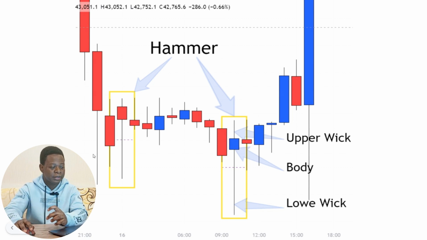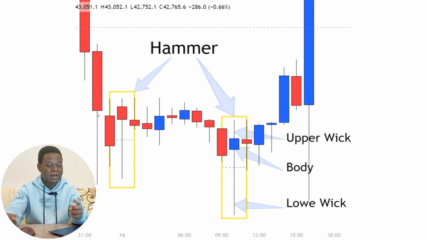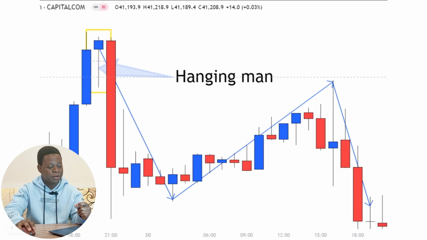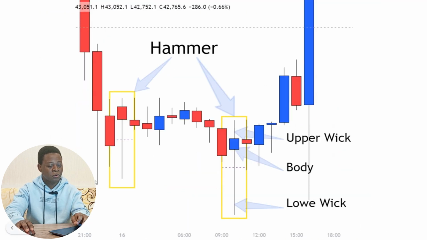A massive wick like this shows you that the buyers massively stepped in. They rejected that price. They deemed it so low that they feel it is a good price to buy.